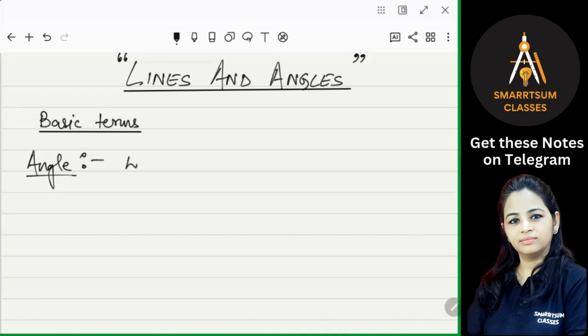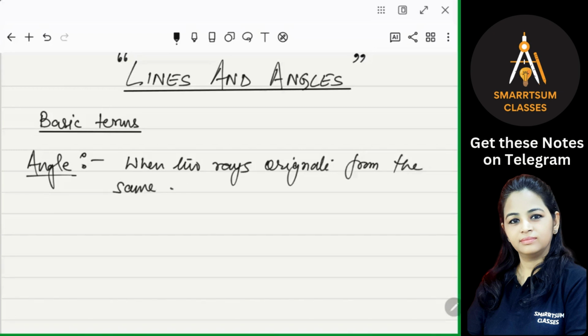So write down: when two rays originate from the same endpoint, then an angle is formed. So an angle is formed when two rays are originated from the same endpoint.